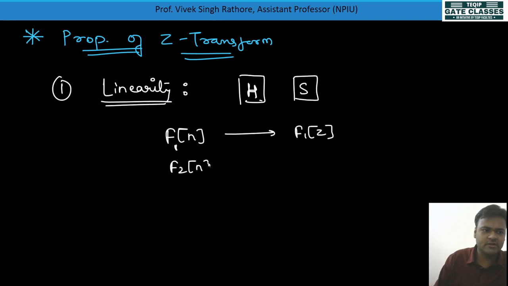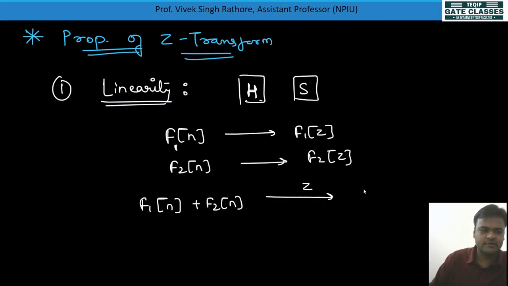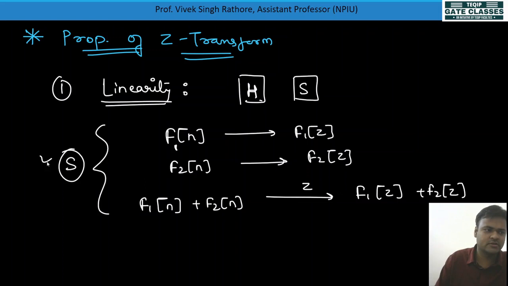Another signal is f2 of n, and we'll get f2 of z. If we combine both signals and take the Z transform, and we get f1 of z plus f2 of z, then this follows superposition. So Z transform follows it, and superposition is satisfied.